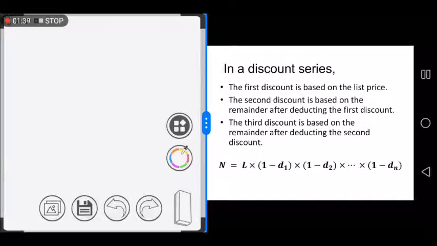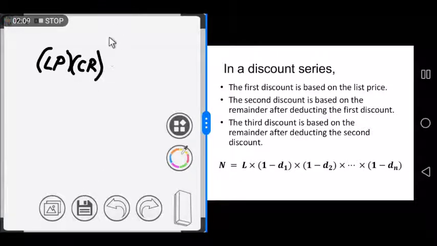But, if we apply the complement method that we have discussed earlier, medyo mas magiging madali. Bakit? Kasi on the complement method, all you have to do is to multiply the list price by its complement. List price times the complementary rate.